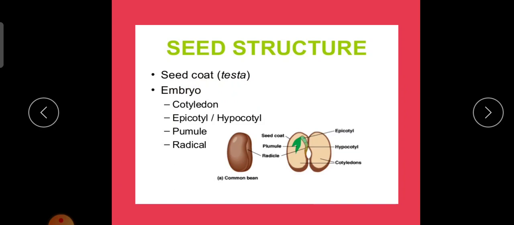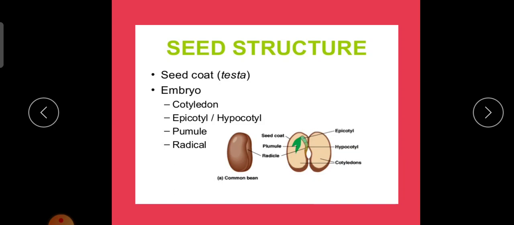What are the cotyledons? Cotyledons are the small seed leaves. When a seed starts germination, small seed leaves arise from the seed. These seed leaves are known as cotyledons. If any seed, when it germinates, has only a single seed leaf at the time of germination, that seed or plant is known as a monocotyledonous plant.